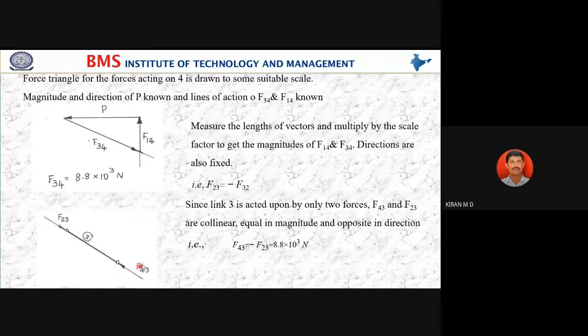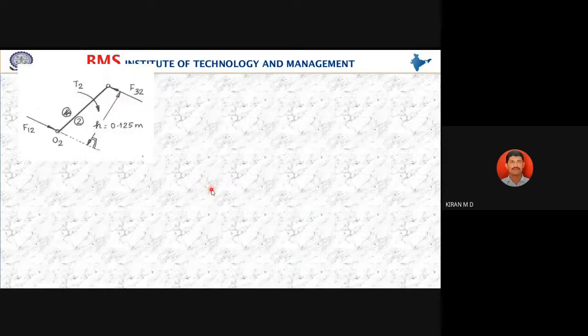So F43 is equal to minus F23, meaning opposite direction, that is equal to 8.8 kilonewton. F23 means F32, both are same here. F43 is in this direction, opposite is minus. So again, F23 is equal to minus F32. You are going to get the value.